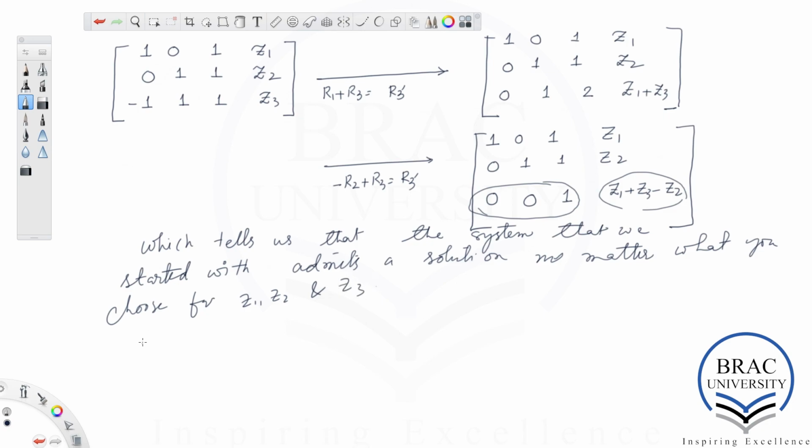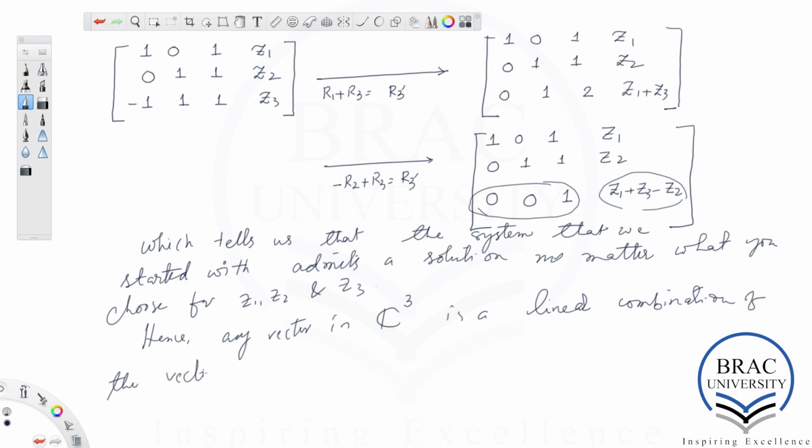It means that any vector in C3 is a linear combination of the vectors 1, 0, minus 1, 0, 1, 1, and 1, 1, 1. Okay, good.